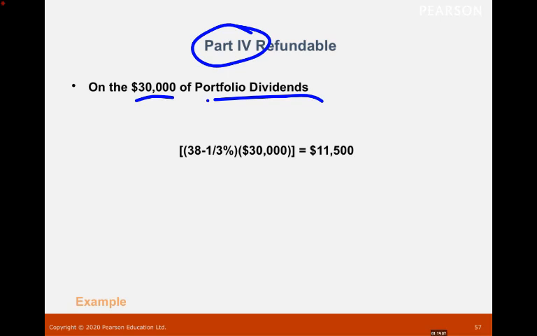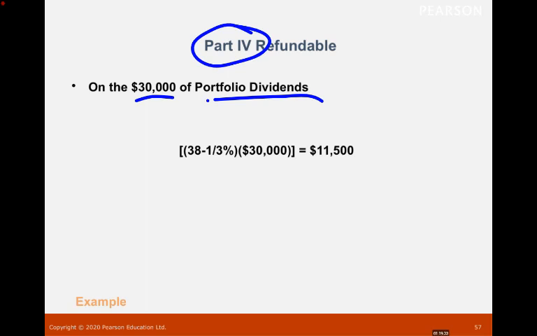Again, the portfolio dividends are just dividends from Canadian companies that we are not connected to. Basically, we've invested in some tax-paying Canadian companies. We have deducted that from our calculation. It comes out of our net income for tax purposes to get to taxable income.